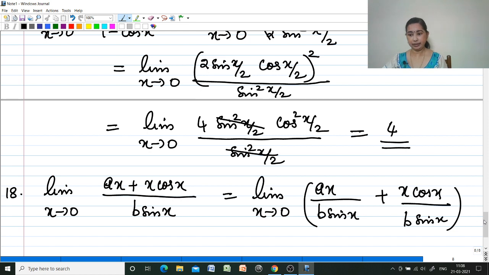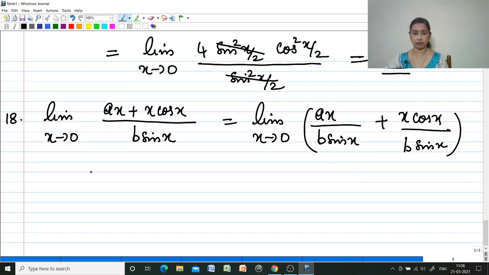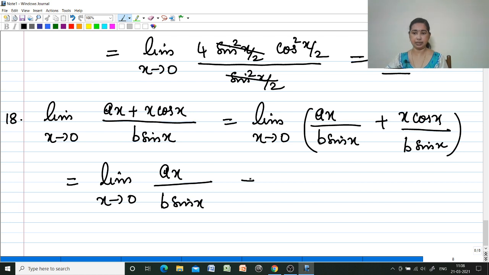Now we can apply the limit for each term. That is, limit x tends to 0, ax by b sin x plus limit x tends to 0, x cos x by b sin x.